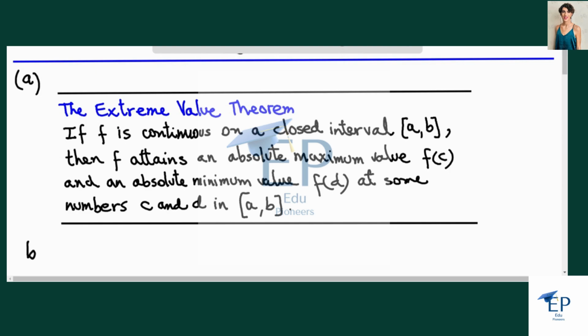In part B, we talk about the steps needed to find those c and d for which the images are correspondingly the absolute maximum value and the absolute minimum value of the function. And that's what we call the closed interval method.